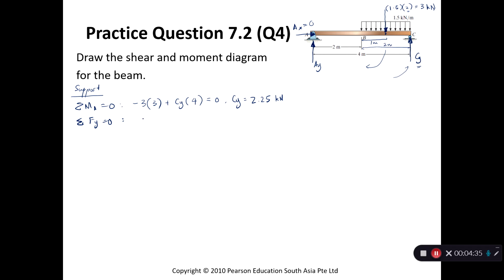So AY is going up, the distributed load will be going downwards, and CY is upwards, so plus 2.25 equals to 0. Therefore, AY equals 3 minus 2.25, that's 0.75 kilonewtons. Alright, so now all your support reactions are out of the way.